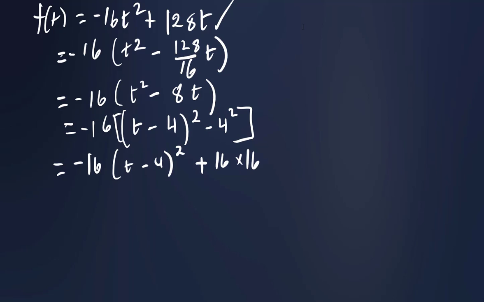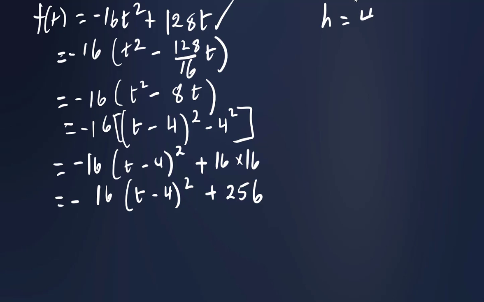Okay, so we get minus 16 factor in t minus 4 squared plus 256. So we get h is equal to 4, k is equal to 256.